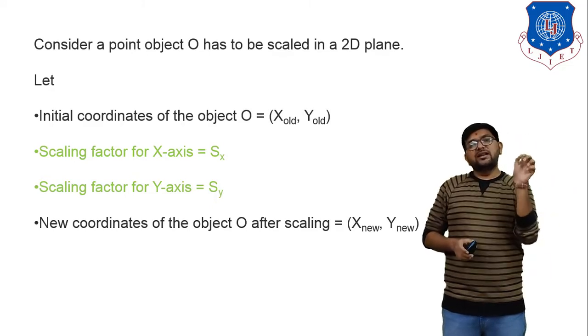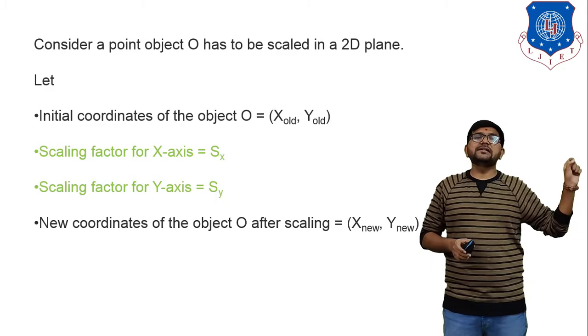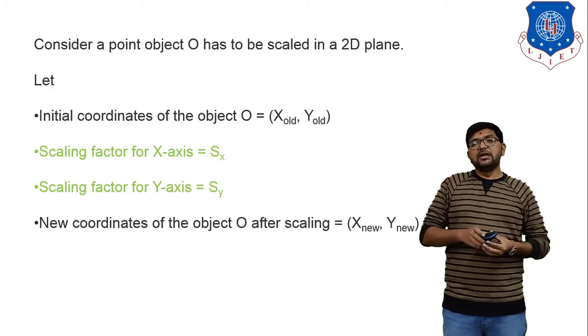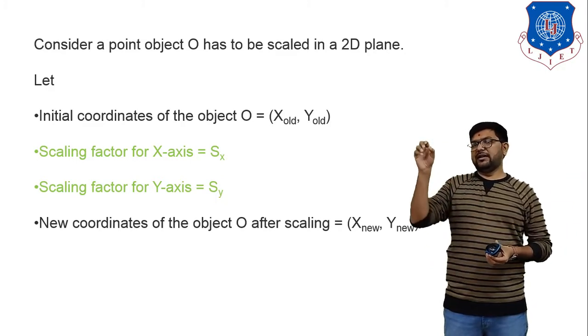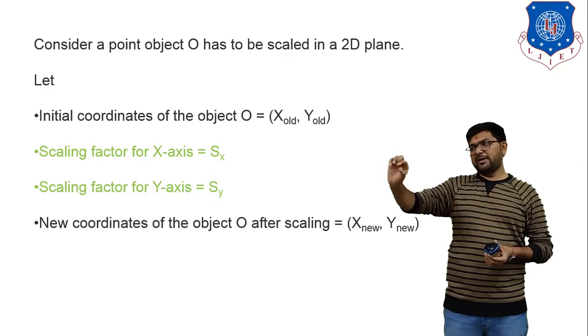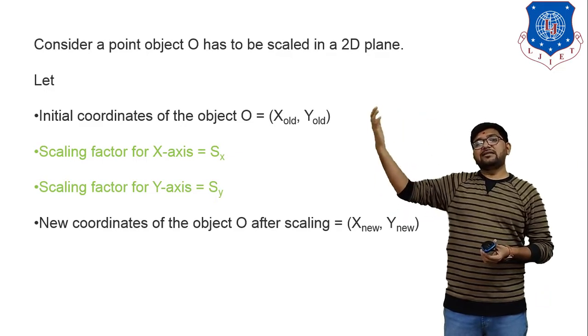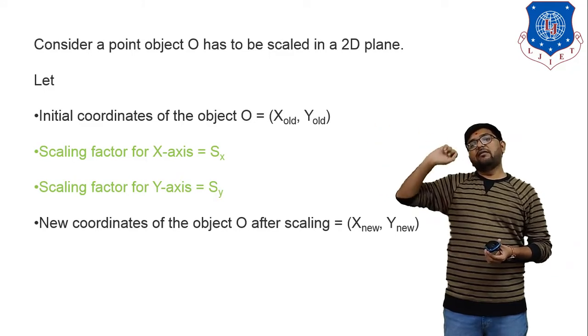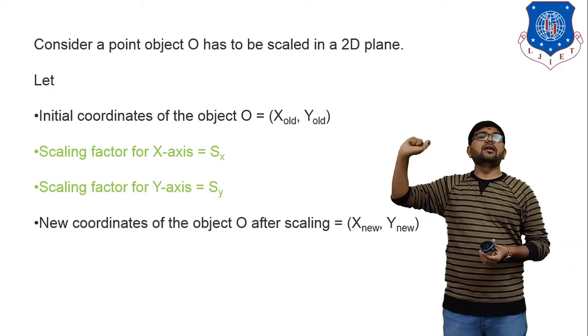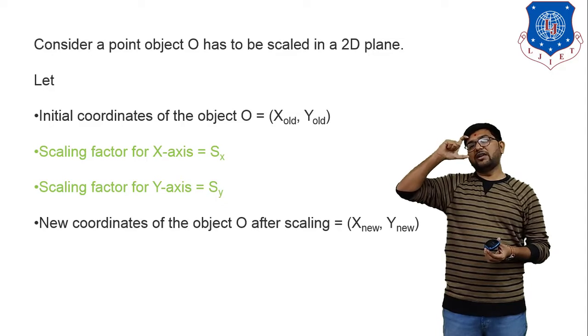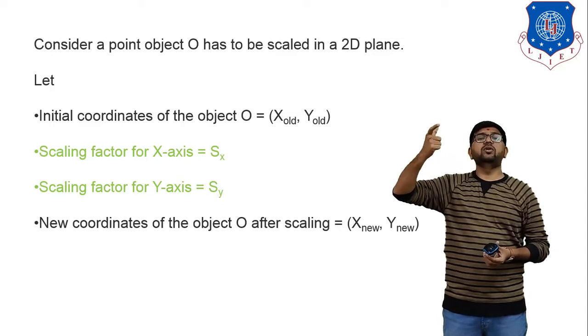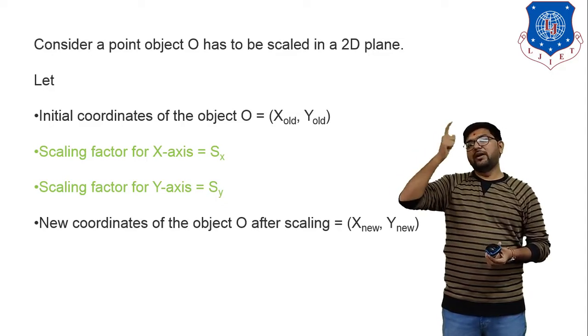So the new point coordinate is x new comma y new. So we have one old point, x old comma y old. After applying scaling in x and y direction, we get one new point, x new and y new. So we have to derive the relationship between x new and x old, y new and y old. Clear?